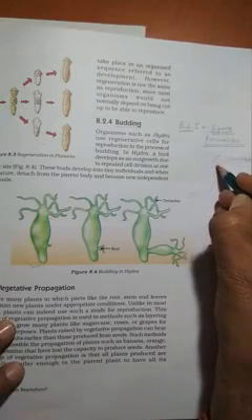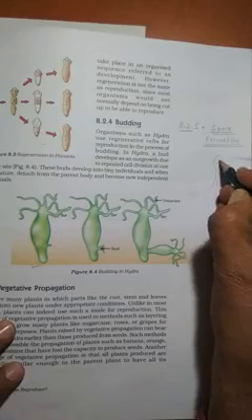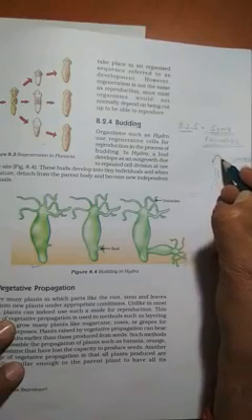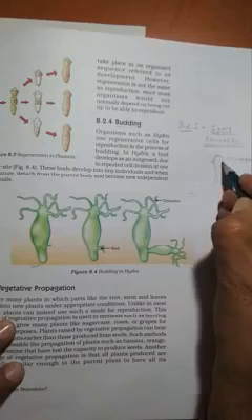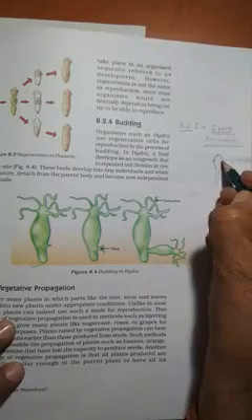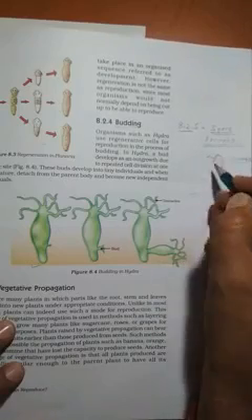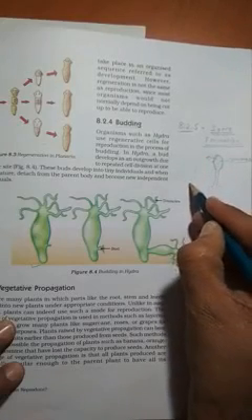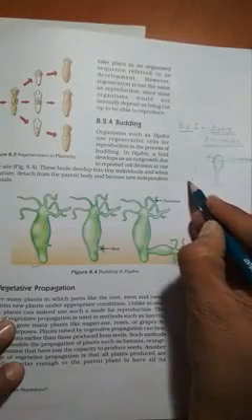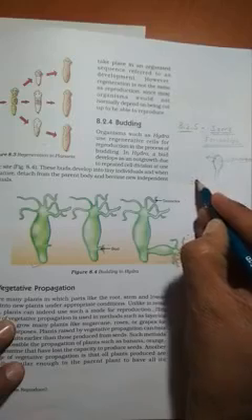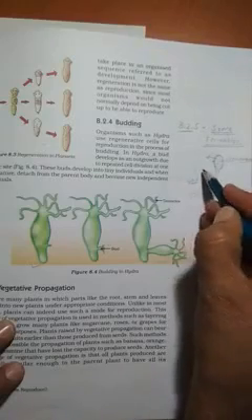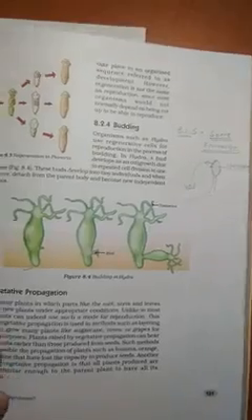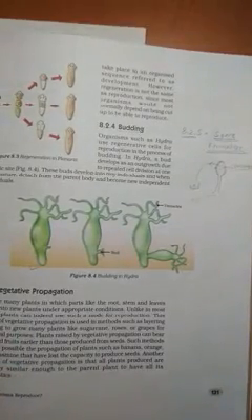Inside the sporangium lots of spores are developed, and when the wall of the sporangium ruptures, the spores are freed into the environment, and in favorable conditions each spore can develop into a new individual. Okay, this is spore formation.